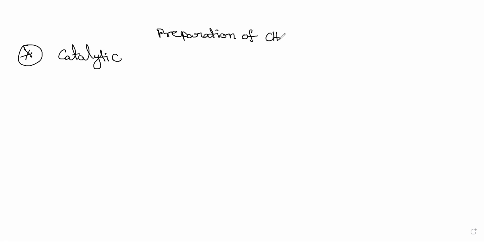Nowadays, it is produced by catalytic hydrogenation. So this is a process of preparation of methanol, that is CH3OH, a very useful product in the industry.